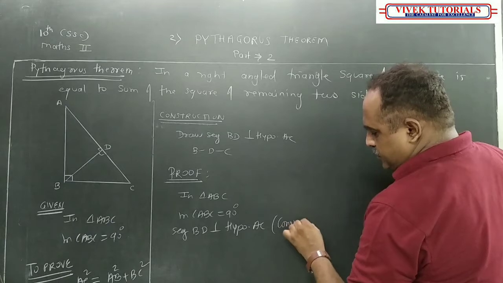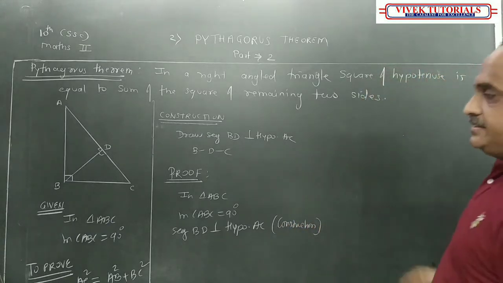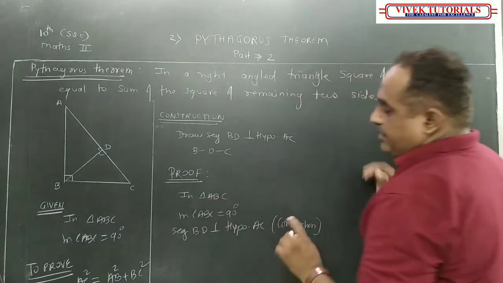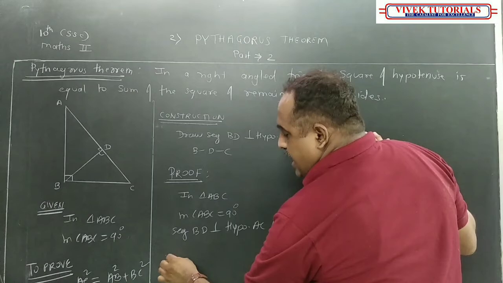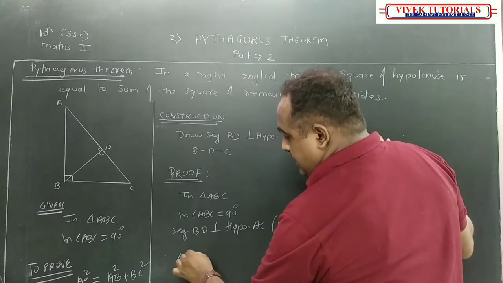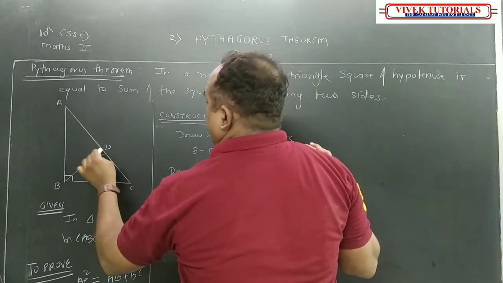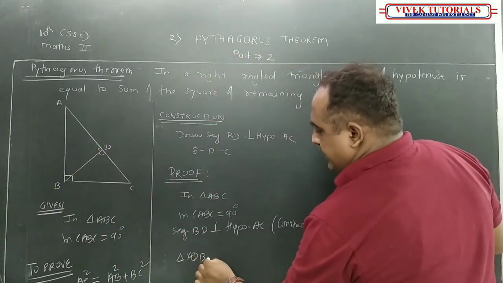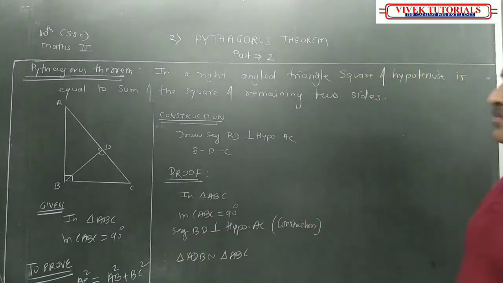This is due to construction. Is it right? And as is a construction, we can write that triangle ADB is similar to triangle ABC.